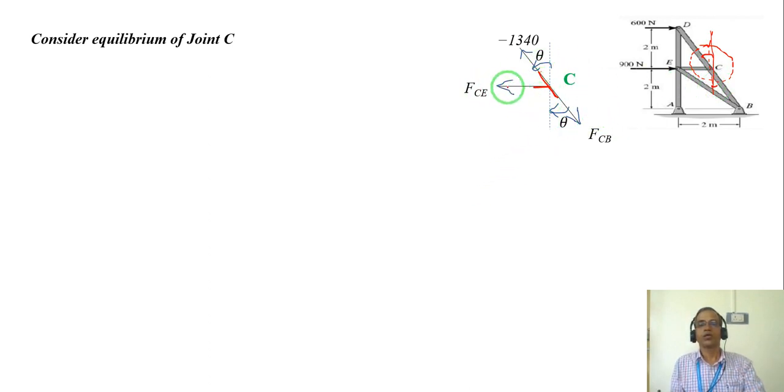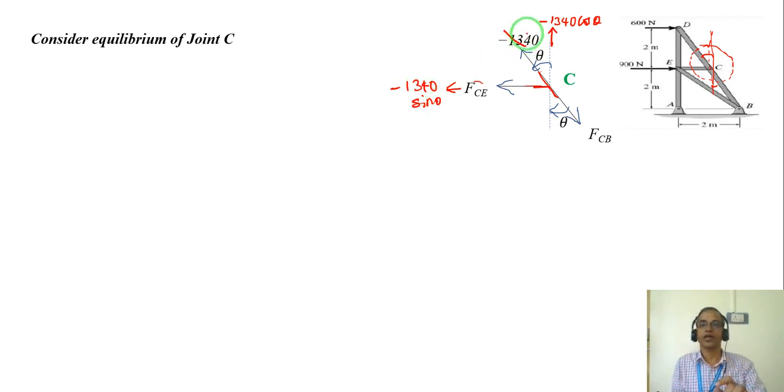So now in this, all three forces are concurrent forces, and FCE is horizontal, nothing to worry. Only minus 1340 and FBC are inclined. They should be aligned. Okay, so this minus 1340 cos theta will be vertical, and in this direction minus 1340 sin theta will be horizontal.